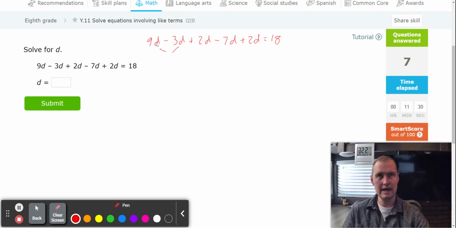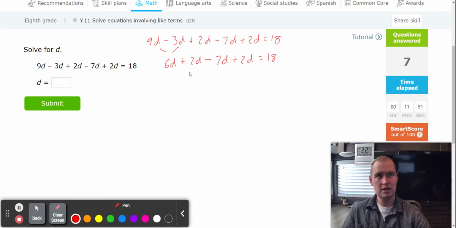Here we go. First two, 9d minus 3d is 6d. Bring everything else down. We got plus 2d minus 7d plus 2d equals 18.